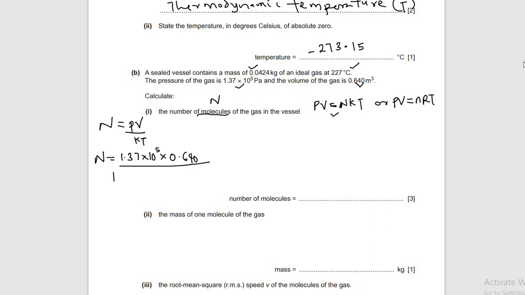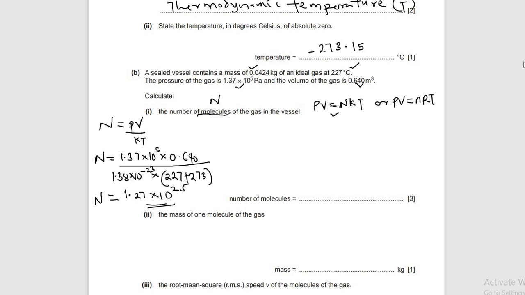To check the front page, it is 1.38 times 10 raised to the power minus 23, multiplied by temperature, 227 degrees Celsius. Convert it to Kelvin, 227 plus 273. That will give you 500. When you put this in your calculator, your number of molecules will give us 1.27 times 10 raised to the power 25. That's number of molecules.